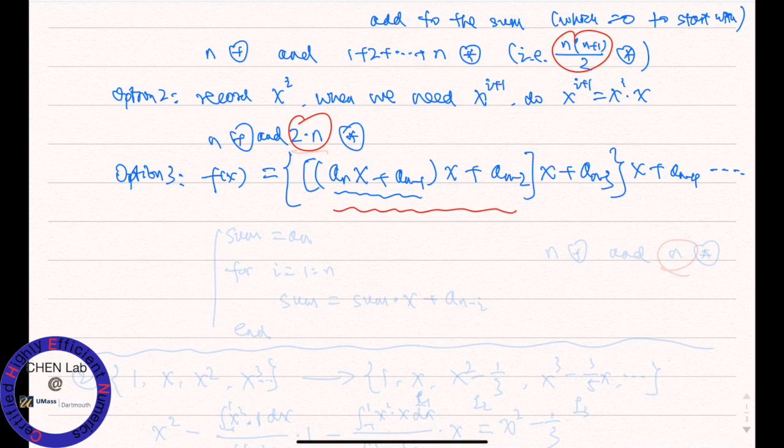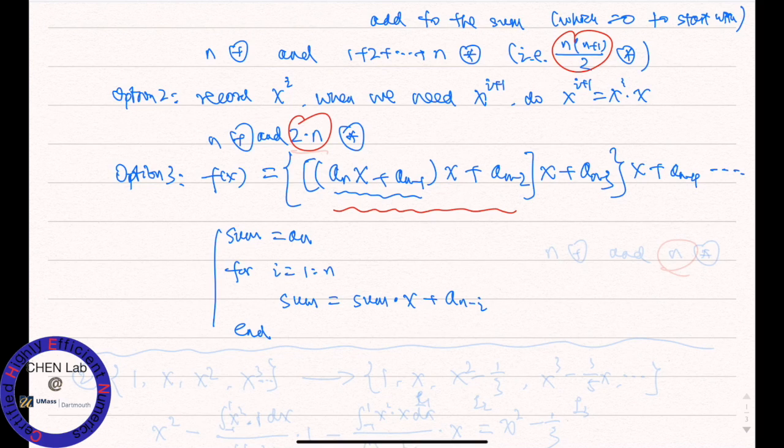If you were to write a little pseudocode, you start with your current sum, where sum is equal to a_n. Then a loop: for i equal to 1 to n, sum is equal to sum times x plus a_{n-i}. That's it.